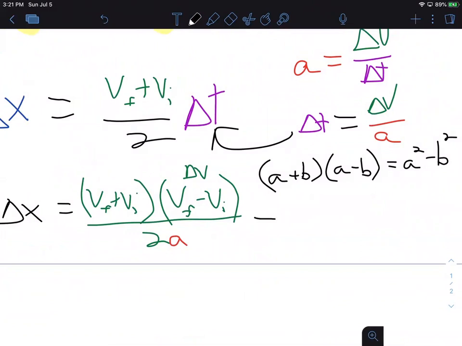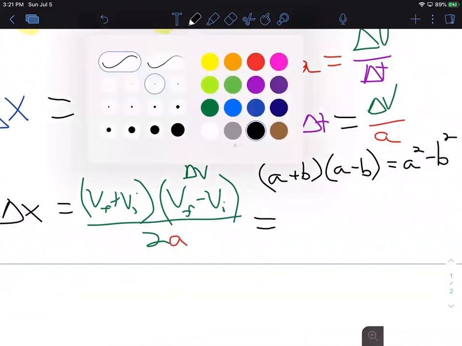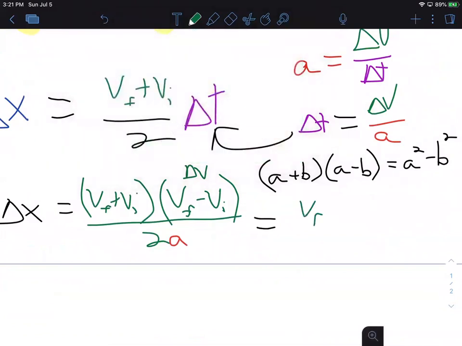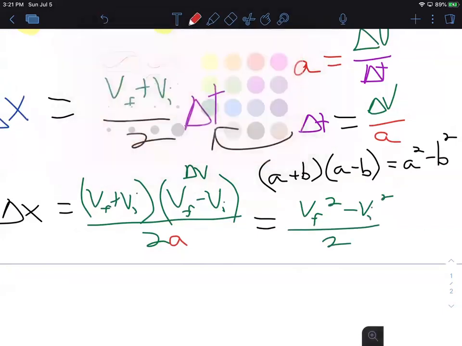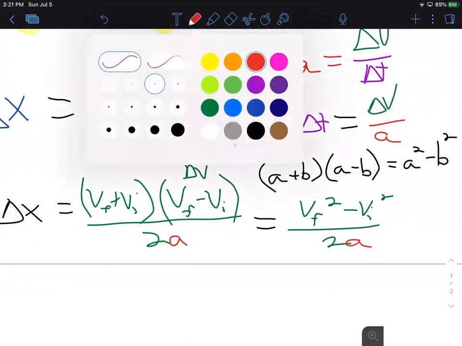So we can rewrite this as VF squared minus VI squared over 2A. And again, that's equal to, following it back, that's equal to delta x.